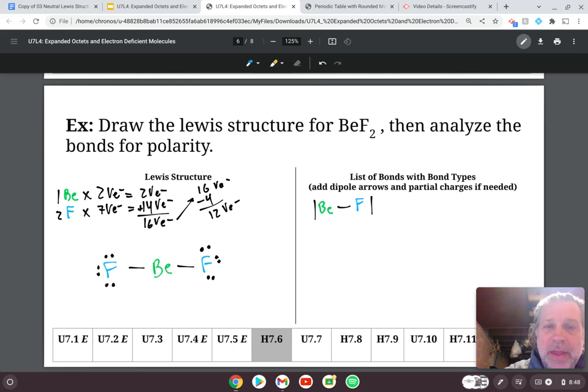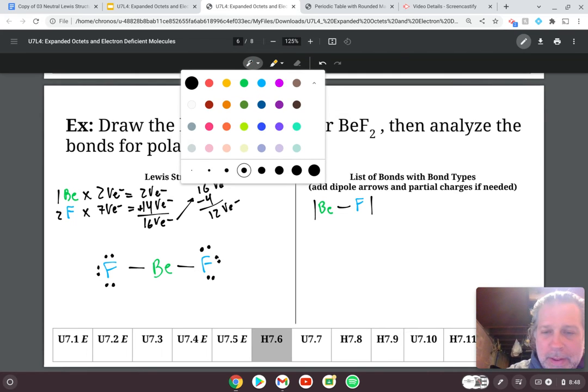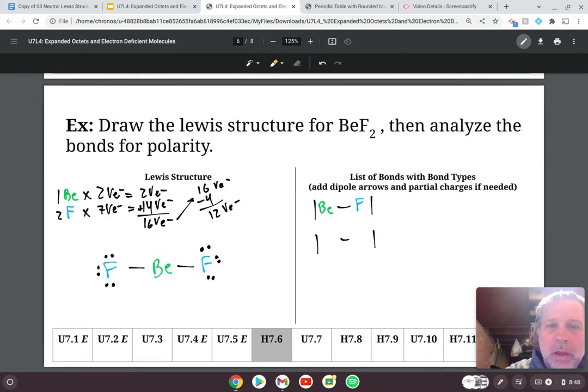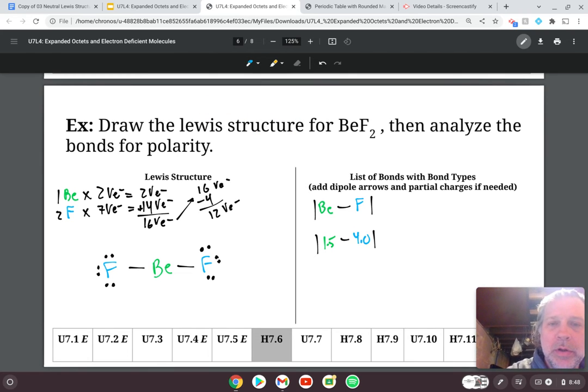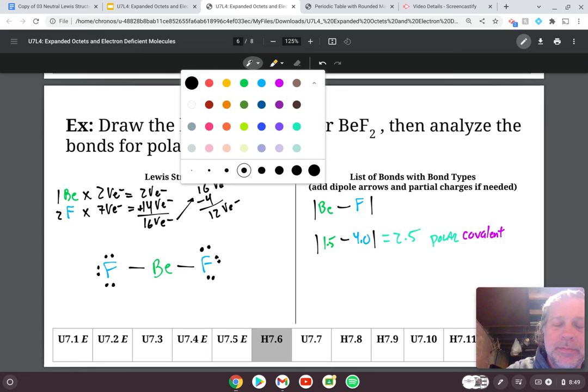So let's see, that's going to be 1.5 minus 4.0, which is going to be really, really big, which is going to basically be polar. Its electronegativity difference is 2.5. So that makes this a polar covalent set of bonds.